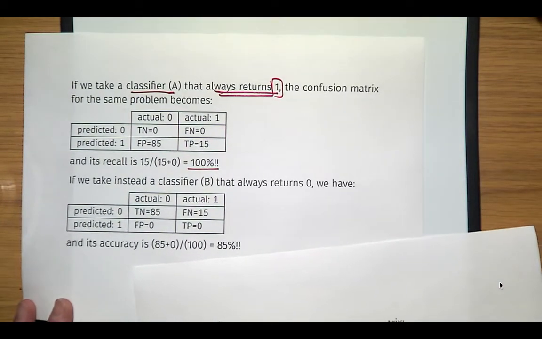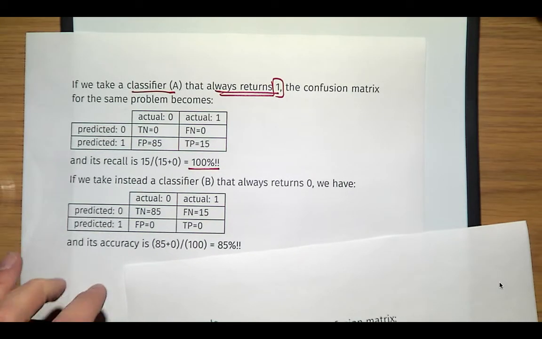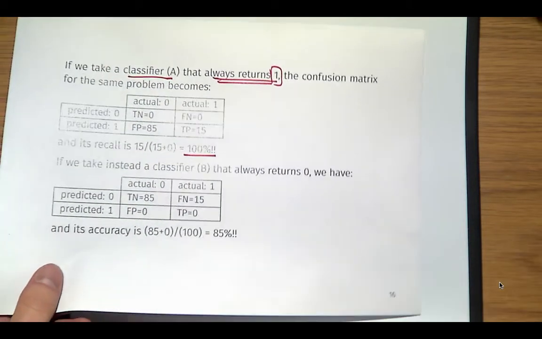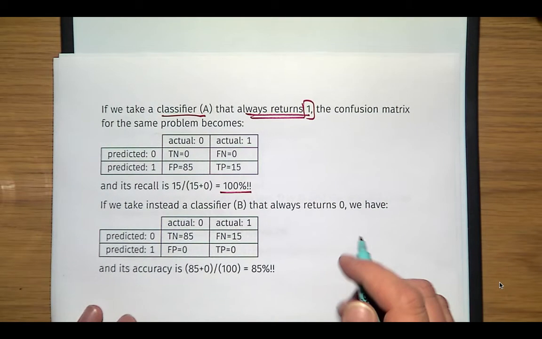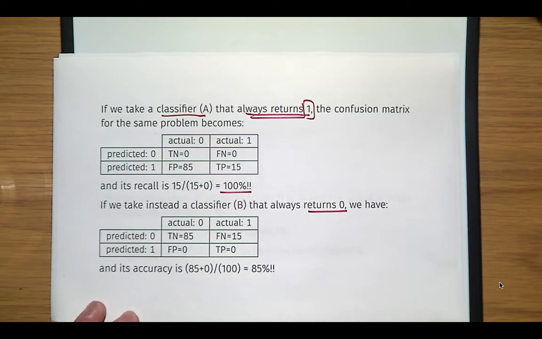You can do the same for the accuracy. You'd think the accuracy is harder to fool, that you cannot come up with a crazy classifier that would beat any other system. But look at what happens if, in this case, we always return 0. So we have a classifier B, and this time it only returns 0. Same deal, we can compute the confusion table.